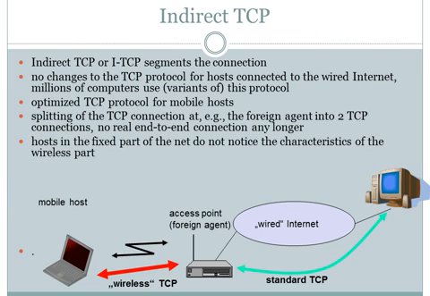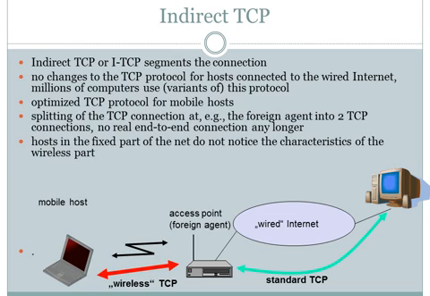So what is the advantage? The advantage is that you don't need to modify entirely the existing TCP. The TCP in the fixed network can be used as it is without modification, while only the TCP in the mobile part needs to be slightly modified. You don't need to completely define a new protocol.